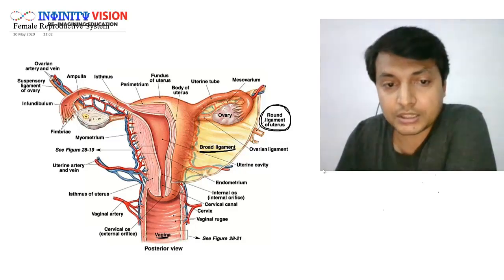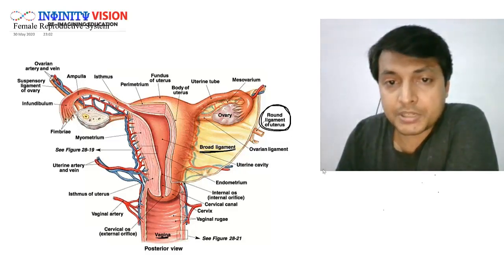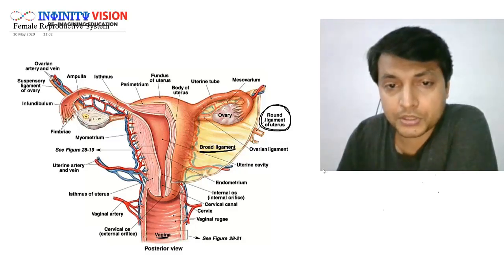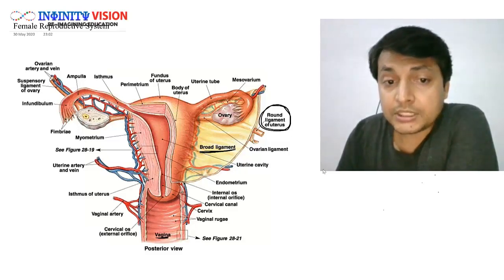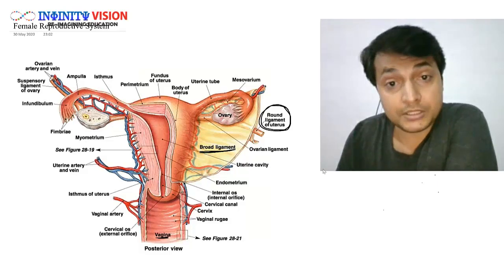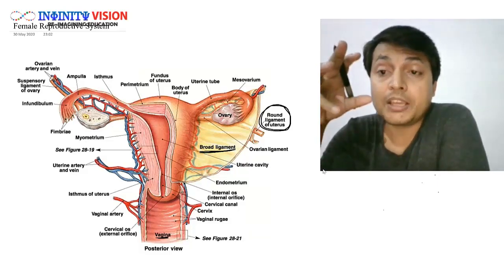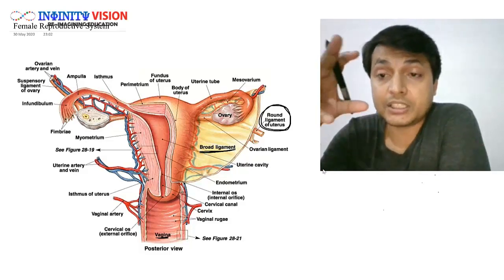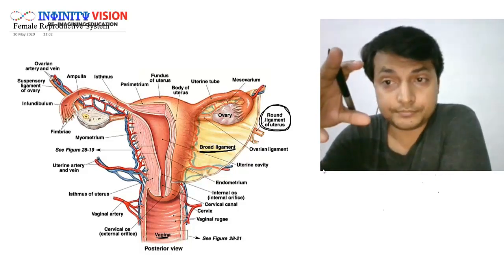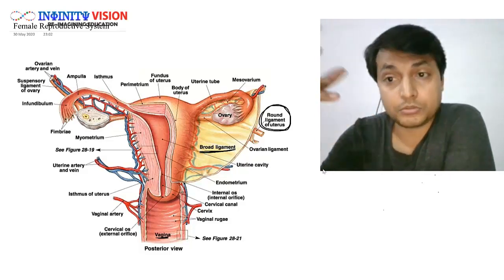Can you see this thin membranous structure which is going all the way from here, taking a turn over this and making a wrap? Now this is called the broad ligament. This broad ligament is also helping in fixing the position of the ovary, not only the ovary but also the uterus.